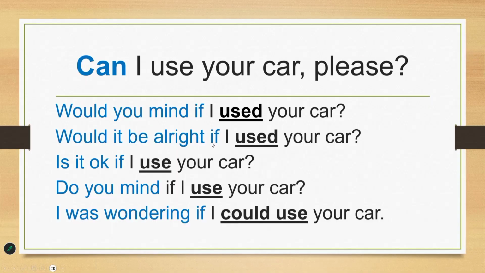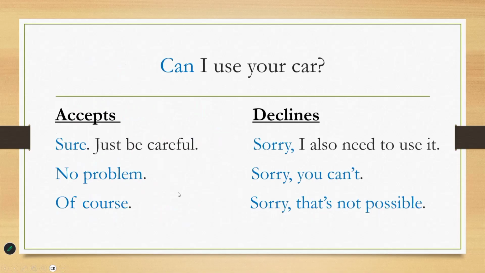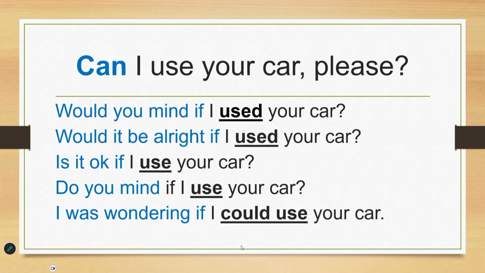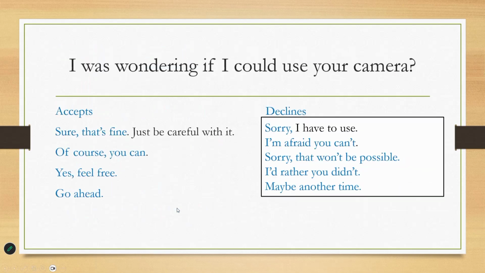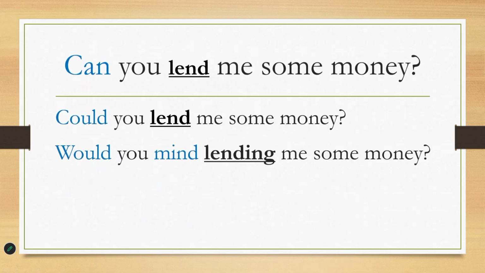Would it be all right if? Is it okay if? And do you mind if? What about with a gerund? We say, would you mind plus verb ing. This one is with a gerund. Would you mind lending me some money?